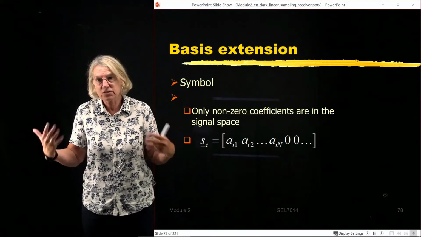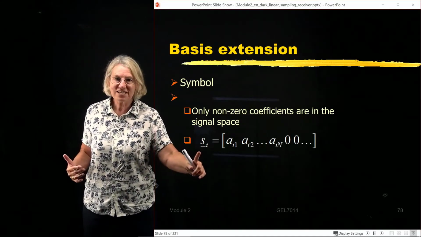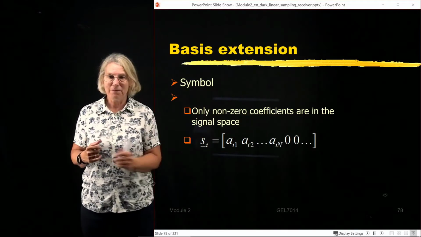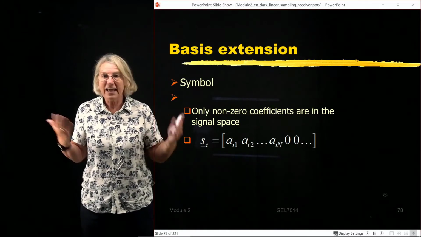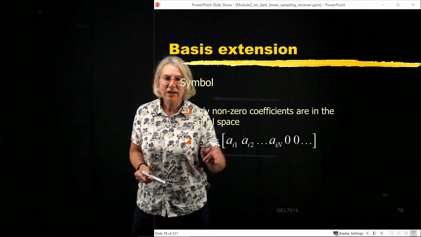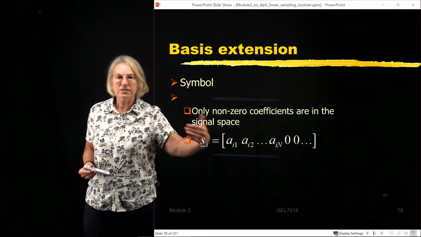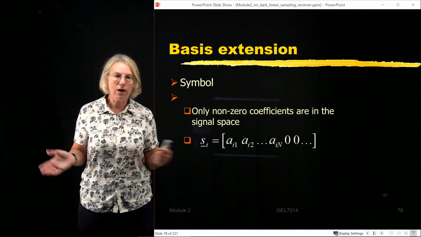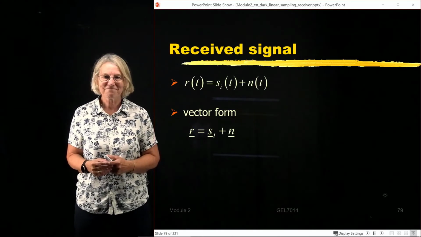That was the definition of what these basis vectors were. That means that every time I do the projection of this symbol onto one of the extended basis vectors, I'm always going to get 0, because it's not anywhere else. It's in that original signal space. So now it's infinitely long, but I'm just adding a bunch of zeros. It's the same coefficients as before, but now I'm adding zeros to the vector for each one of the symbols.